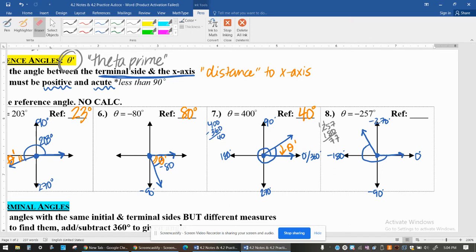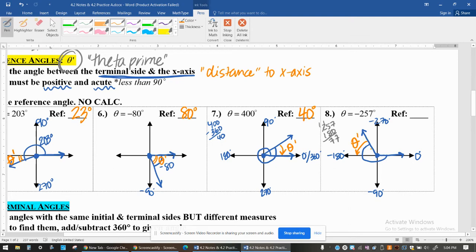Okay, so now the reference angle is from the terminal side to the x-axis. So it's either going to be this one or this one. But I want the smaller one, the one that's less than 90. So that means it's got to be this guy. So this is theta prime.